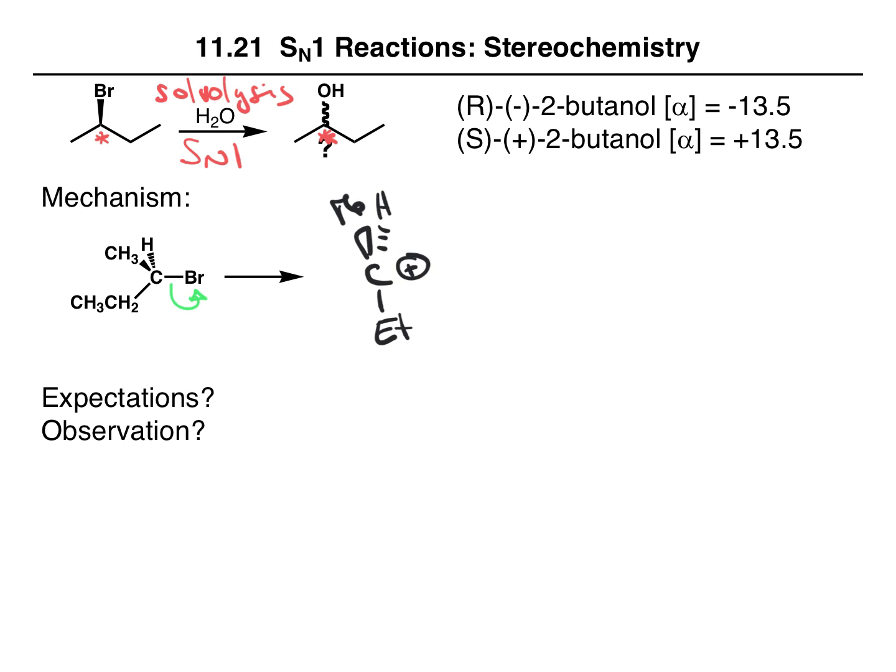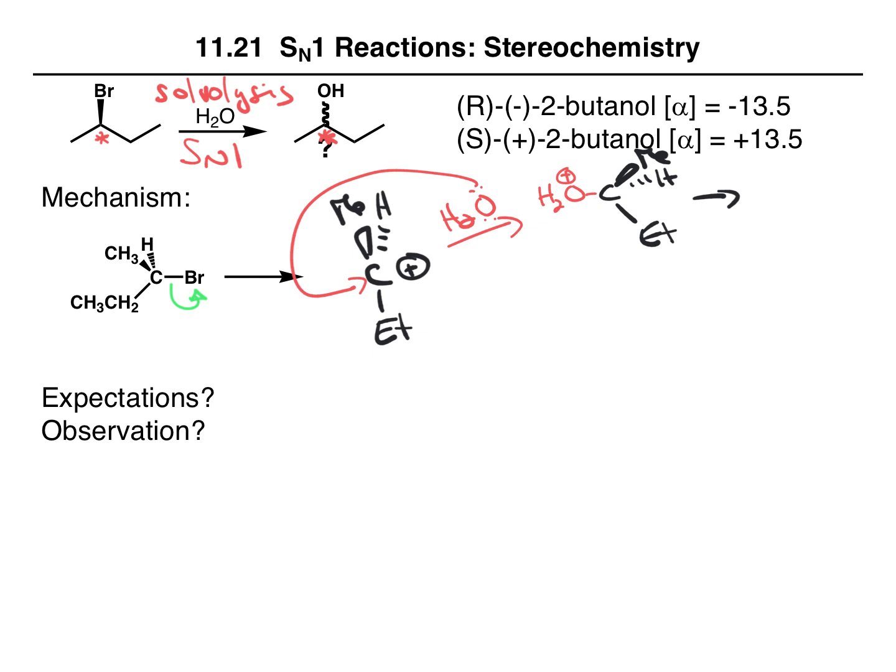Now from here, water can add to this face, which will give us this intermediate, where here is our methyl and our hydrogen and our ethyl. And then after proton transfer, we get this product. So compared to our starting material, what we have is inversion of configuration.